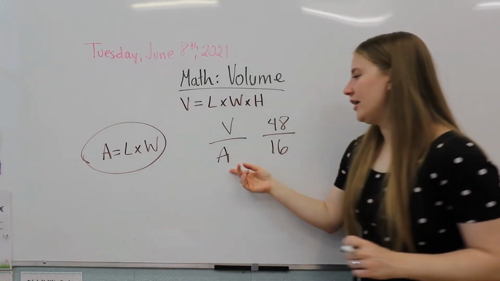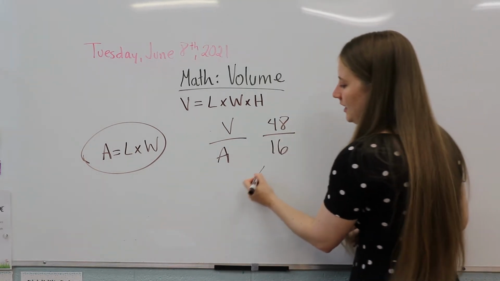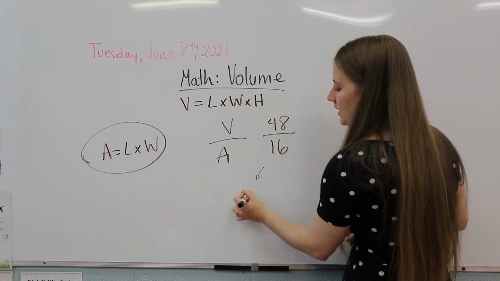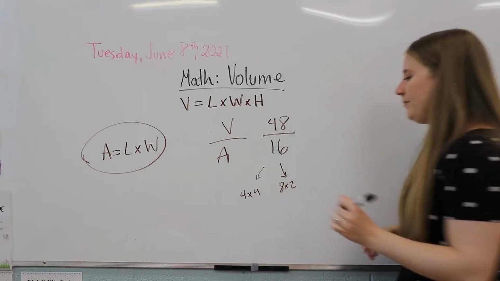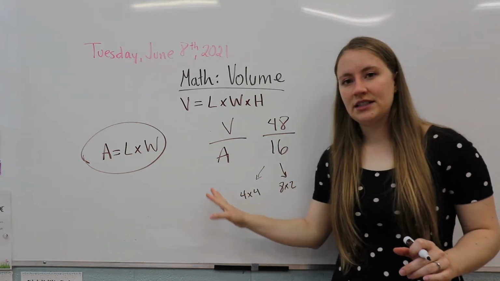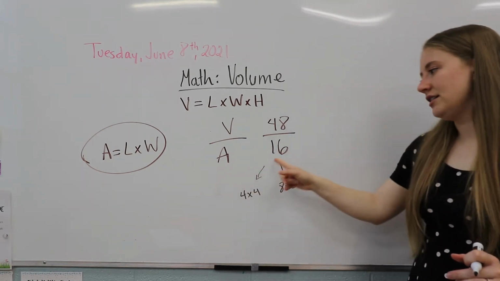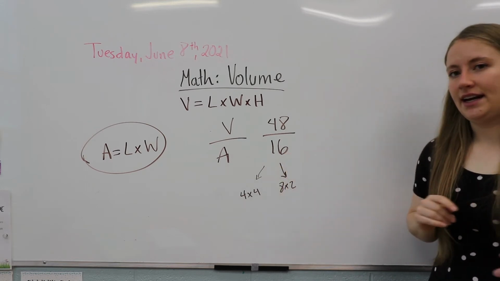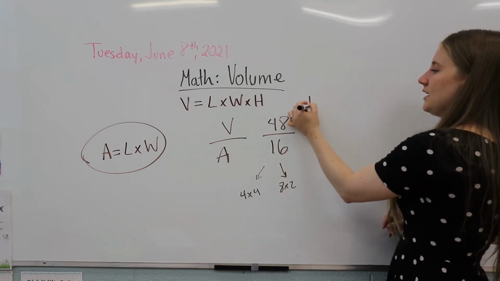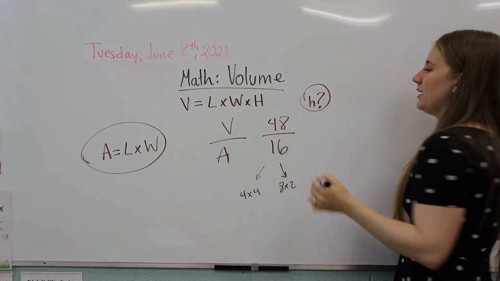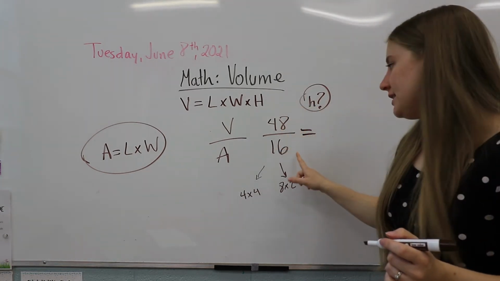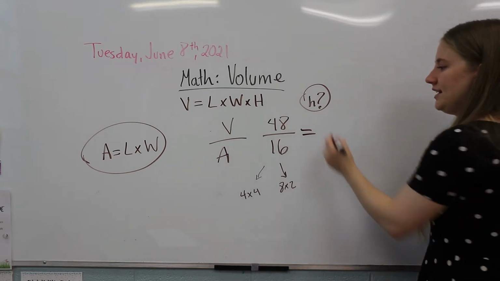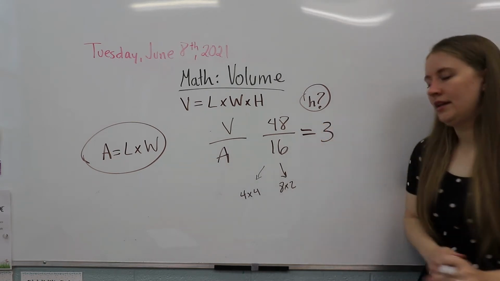But like for 16, it could be 4 times 4 or 8 times 2, right? But it doesn't matter because we know the end result is 16 as the area. So what we're looking for is the height, or the third dimension. And the third dimension, if we do 48 divided by 16, is going to give us 3, okay?